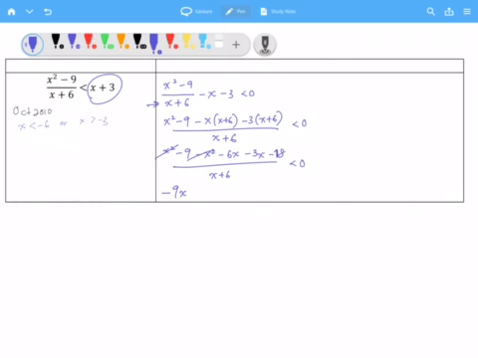Then -9 minus 18, -27. And then over x plus 6. Sorry for the delay.